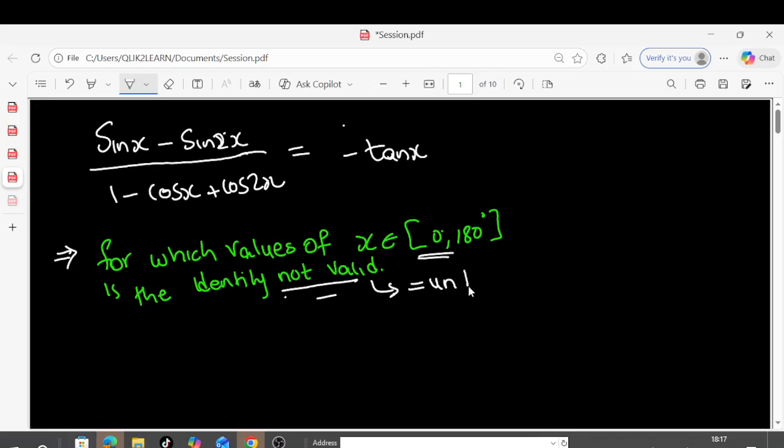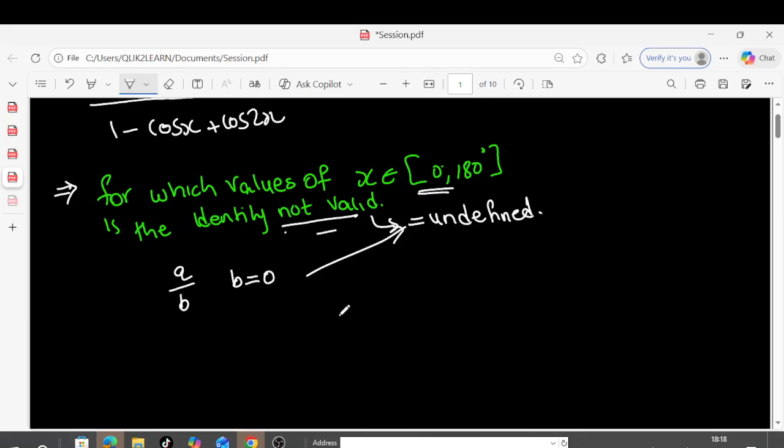They are asking where this is undefined. Let me take you back to grade 8. In grade 8 you said that if you have a fraction a over b, and b is equal to 0, then it is undefined. So if the denominator is equal to 0, then this will be undefined.